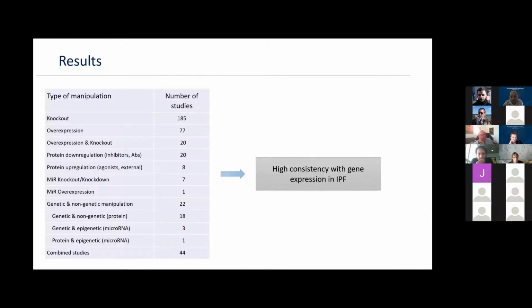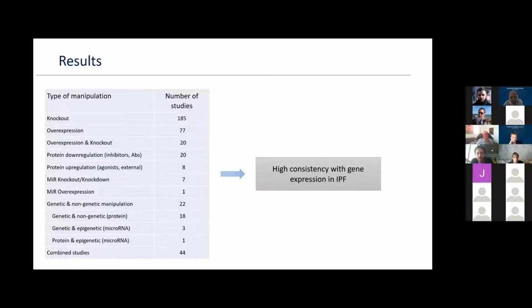So first of all, as a side note, these are the manipulations generally used to assess the impact of a gene on fibrosis. And you can see here, most of the manipulations are either knockout or overexpression. And that makes sense. These are the easiest to perform and have been done for many, many years.